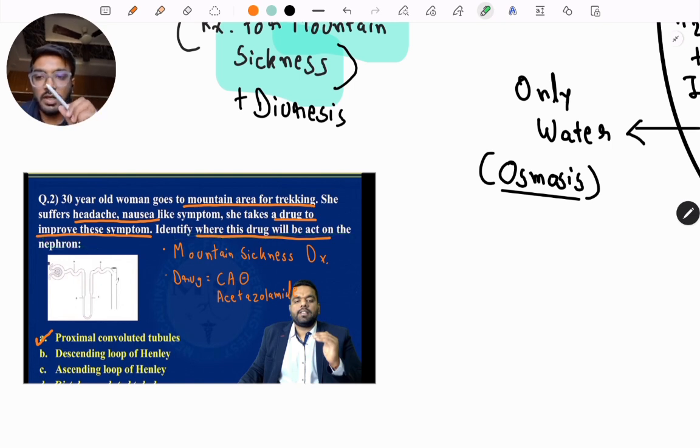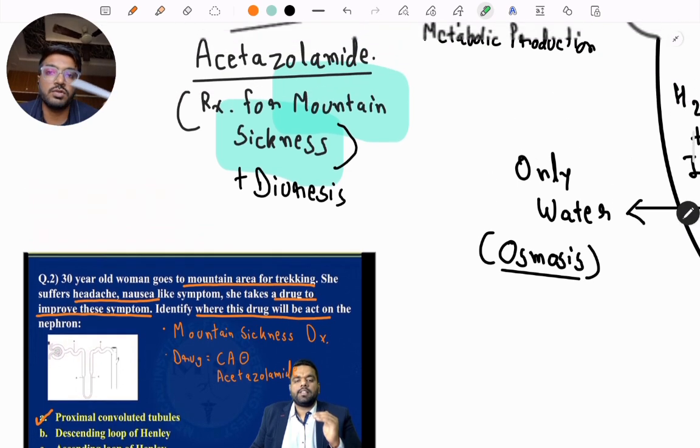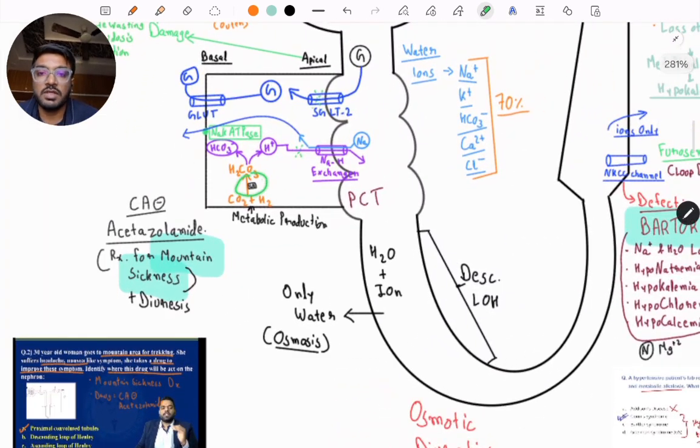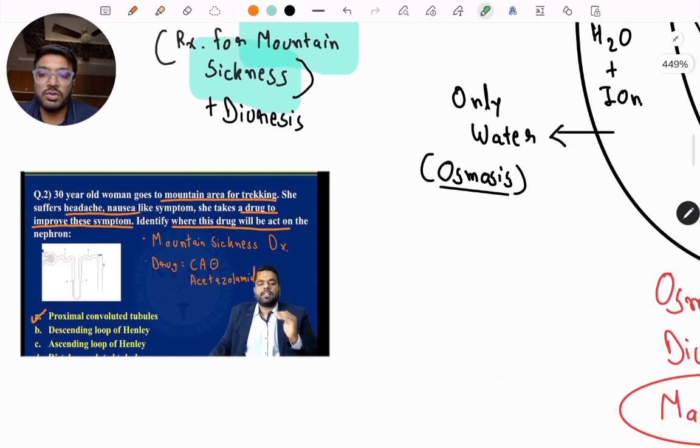Now, I'm not able to recall if they give this diagram or not, but what I have told before, that this drug is going to act on PCT, where we have this carbonic anhydrase and the sodium hydrogen importer channels and all. The thing they talked about here was mountain sickness.